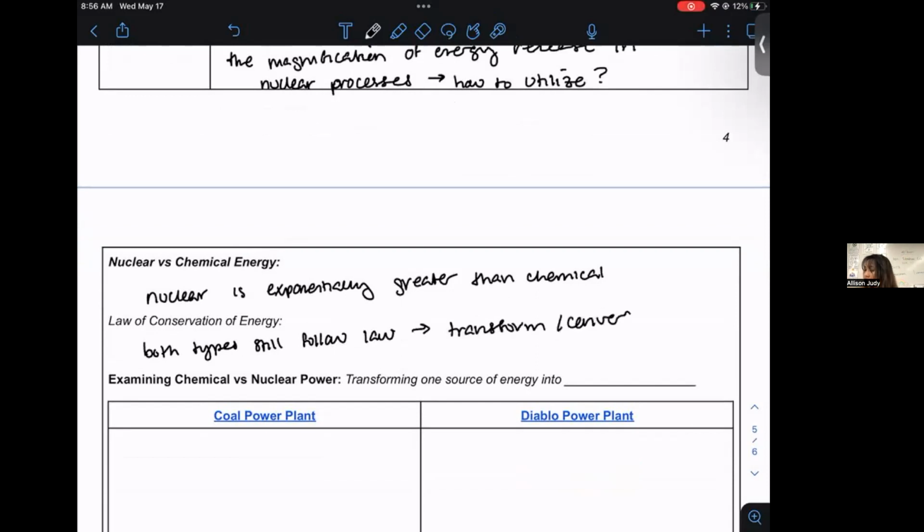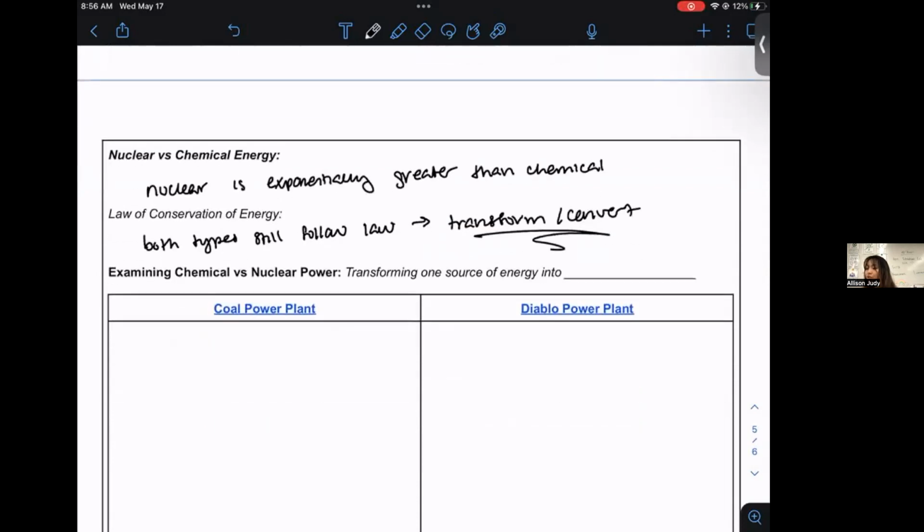And this is what we actually capitalize on. This is what we're trying to do in industry: knowing that we have this incredibly high magnitude energy releasing process, how can we actually utilize it to bring about benefits to society and our everyday life?